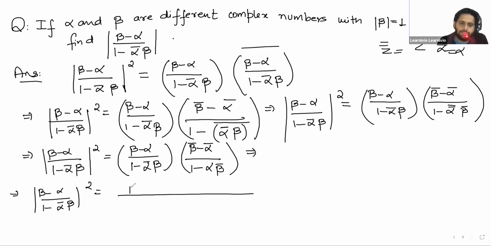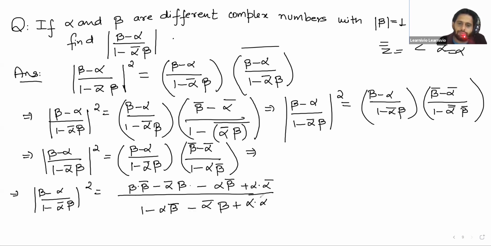So this will be beta into beta conjugate minus alpha conjugate into beta minus alpha beta conjugate plus alpha into alpha conjugate. Next is 1 minus alpha beta conjugate minus alpha conjugate beta plus alpha into alpha conjugate beta into beta conjugate.